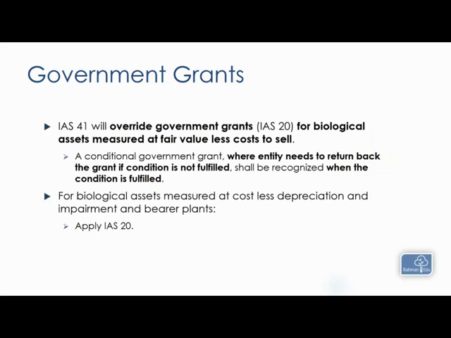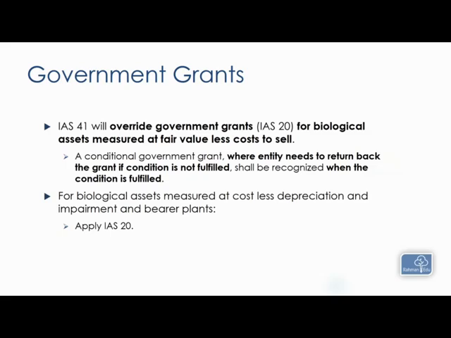Well, for biological asset, you may sometimes receive government grant and government assistance. Normally, IAS-20 is applicable for government grants and disclosures of government assistance. However, for biological asset, if you receive a government grant which is conditional, and where you need to repay that government grant to the government if the condition is not fulfilled, then IAS-41 says you cannot recognize that government grant as income unless or until you fulfill the condition.